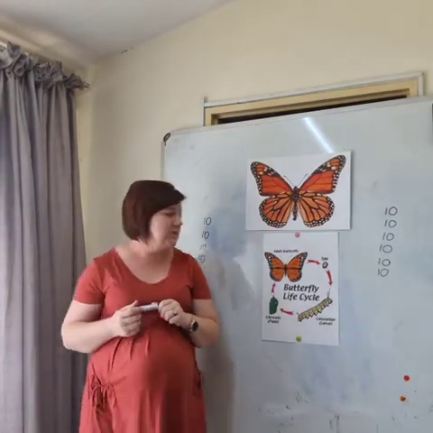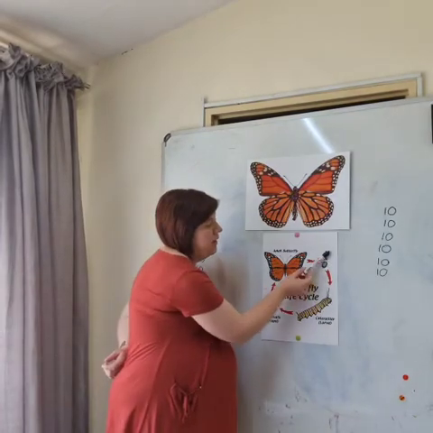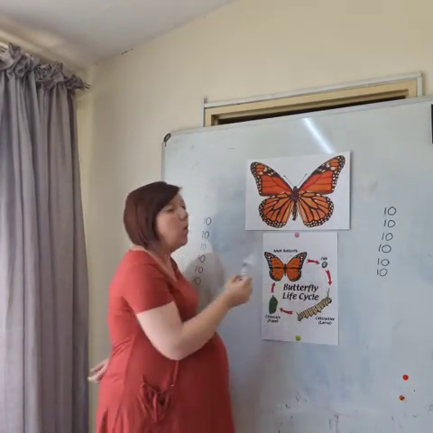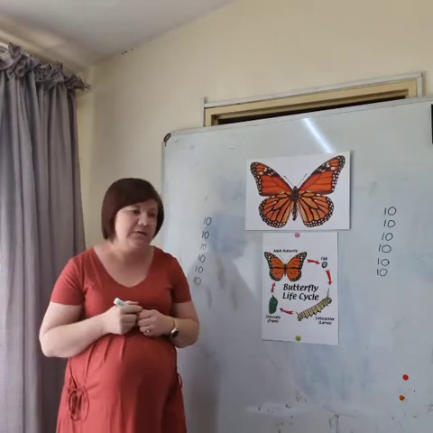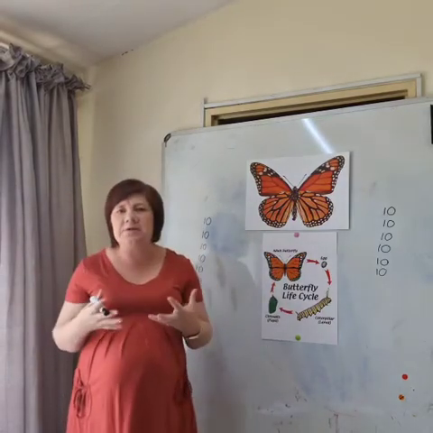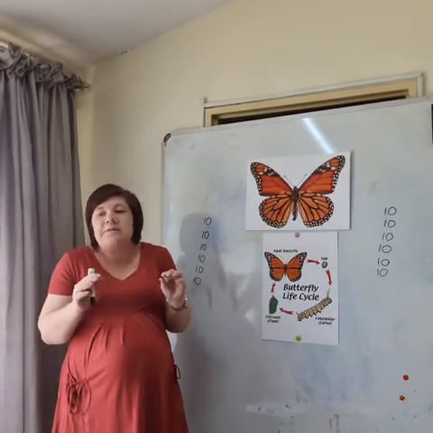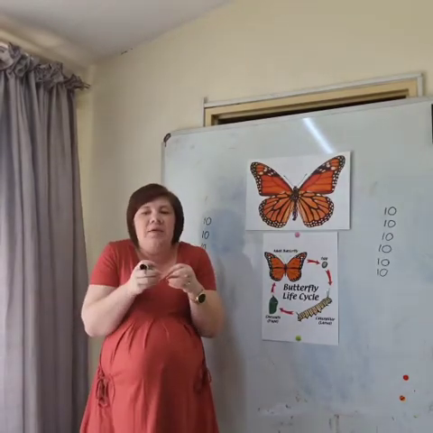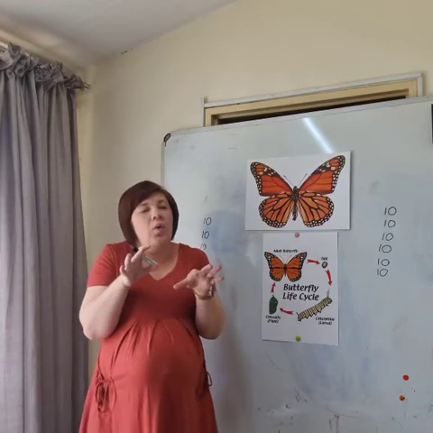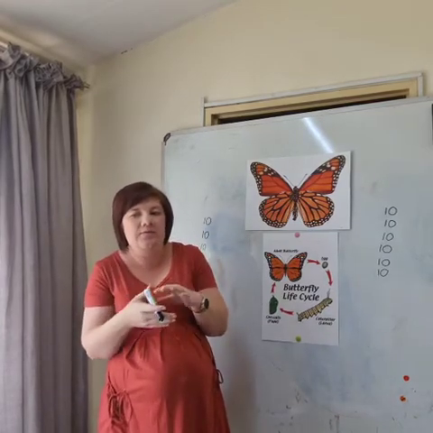And the first stage, we call the egg stage. Now what happens during the egg stage? During this stage, the butterflies typically lay their eggs on or underneath the leaves.